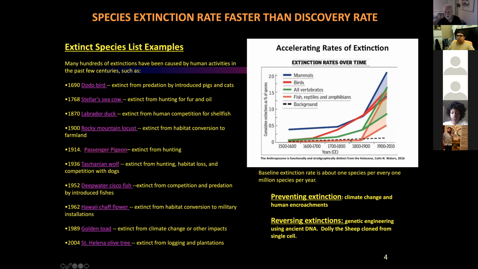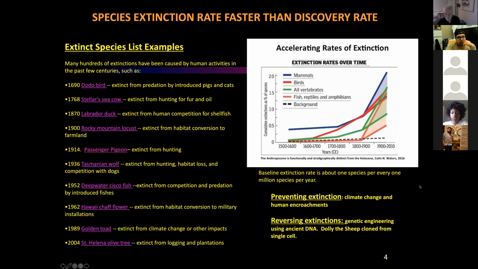So this is when we started to pollute the planet profusely and started in many undeveloped areas to encroach into the habitat of a lot of different species. So essentially, if you look at all vertebrates, the green line, all of them are going up dramatically starting in the last 2 centuries.